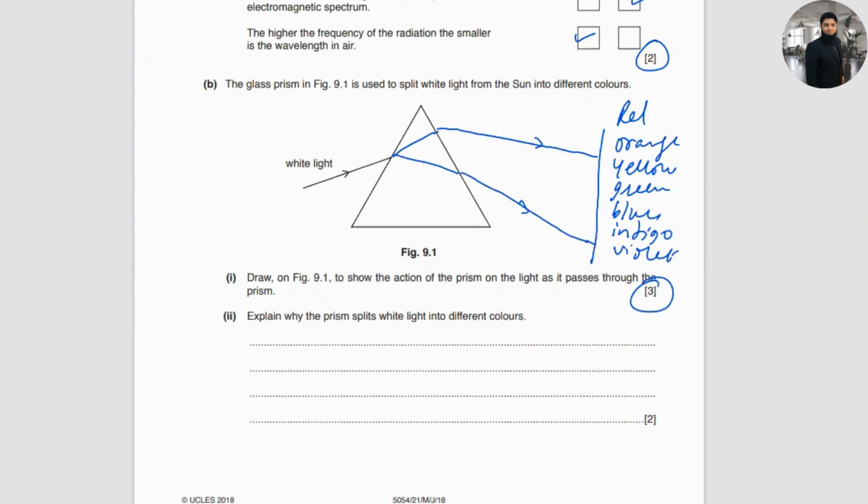So explain why the prism splits white light into different colors. White light is split into its constituent colors through refraction. The phenomenon that is followed by the prism is refraction, right? So from red to the violet color, with different frequencies and wavelengths.